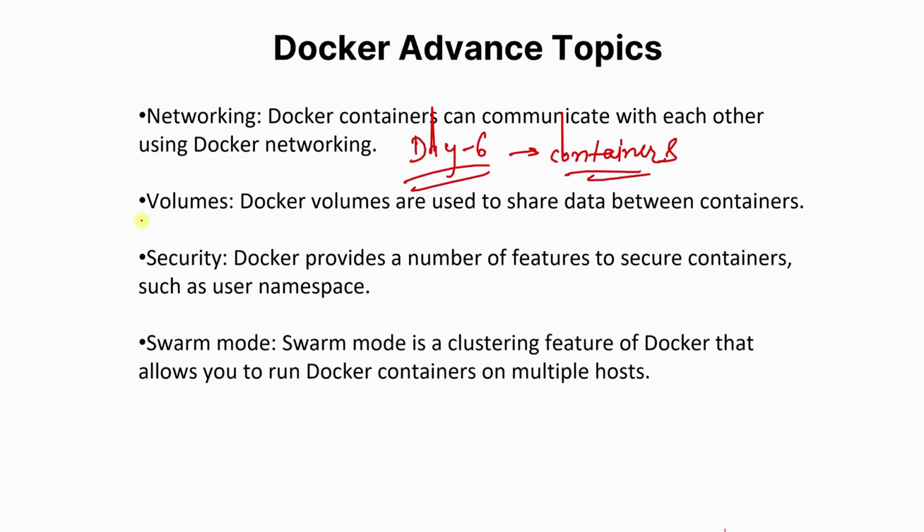Next, swarm mode. Swarm mode is a clustering feature like we have in Kubernetes. It's a container orchestration platform provided by Docker itself, but there are some limitations with Docker Swarm that we will see when we start our Kubernetes session.